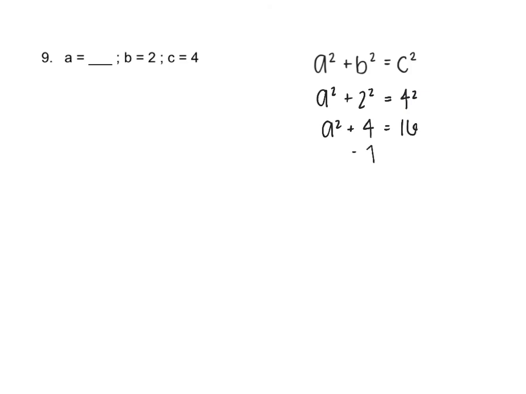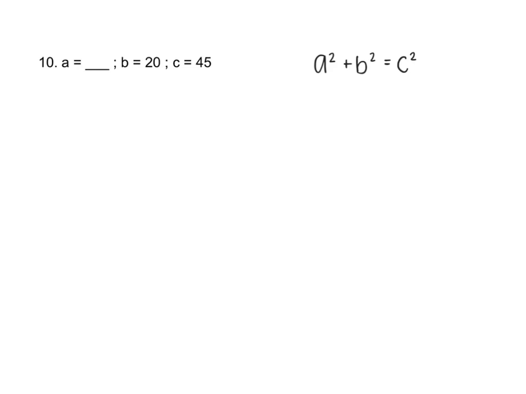Then we subtract 4 from both sides. We're left with a squared equals 12. We're going to take the square root of both sides, and when we do that, we get the square root of 12 is 3.5 when we round to the nearest tenth.